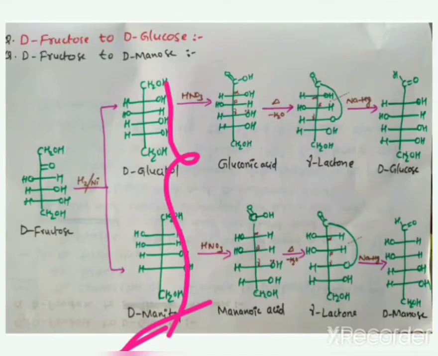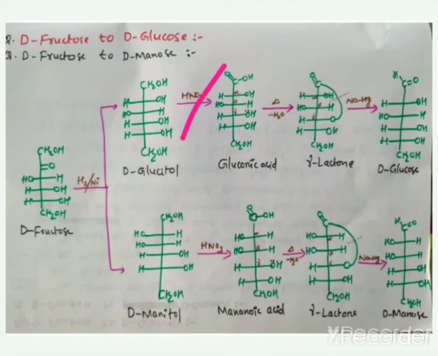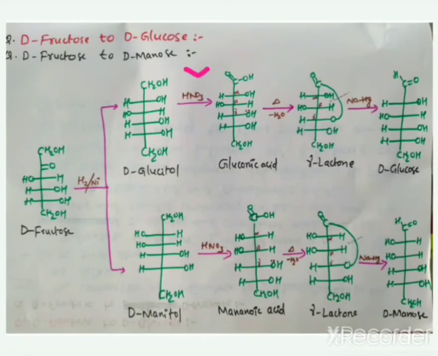Further, this mixture undergoes oxidation with HNO3 to form gluconic acid and mannonic acid.